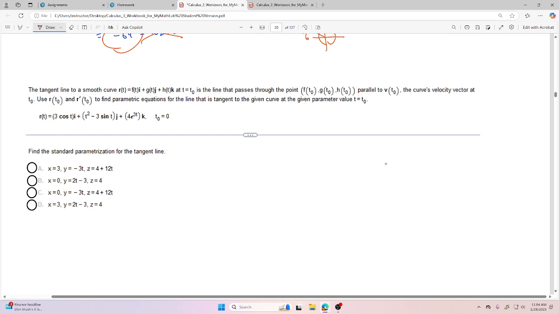So a tangent line of a smooth curve at a certain time is the line that passes through this point and is parallel to this thing. There's a lot going on already. The velocity at that point. Okay. To find the parametric. Okay, easy. Super easy problem. But like, what in the world are you trying to say, right?